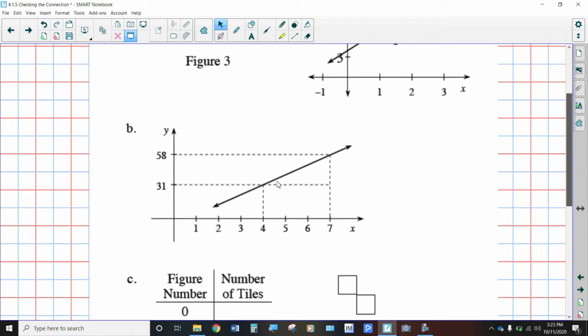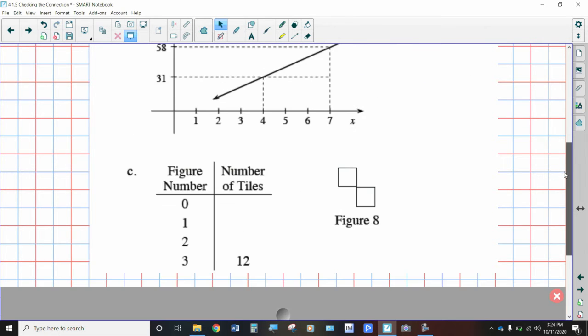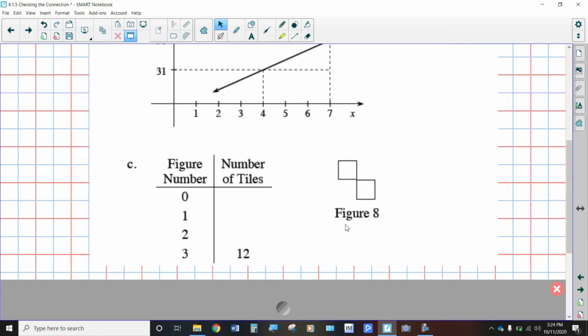So we should be able to look at this information and create a table from it and look for patterns of growth, and a rule eventually will allow us to, well, I don't know if we're going to do the tile patterns on this or not. I guess we'll figure this one out. Then for C, you're giving us a partial table and a tile figure, and we'll figure out the rule and create a graph and complete this table.